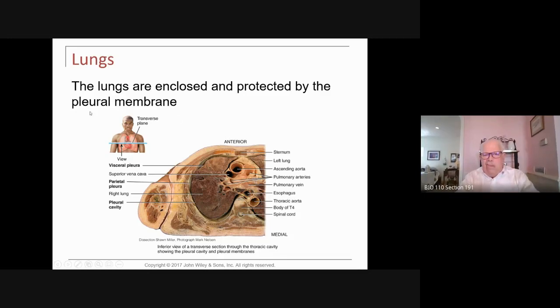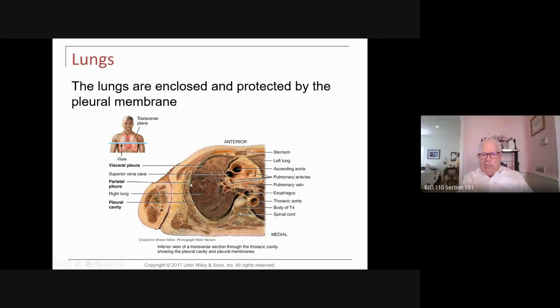All serous membranes, as you learned in AP1, have two layers, a visceral layer and a parietal layer. The visceral pleura is on top of the lung. Here it is. It protects the lung.